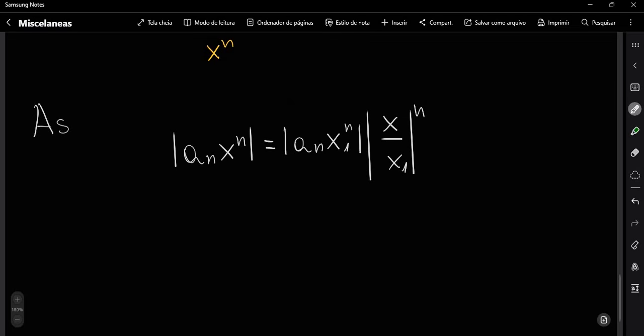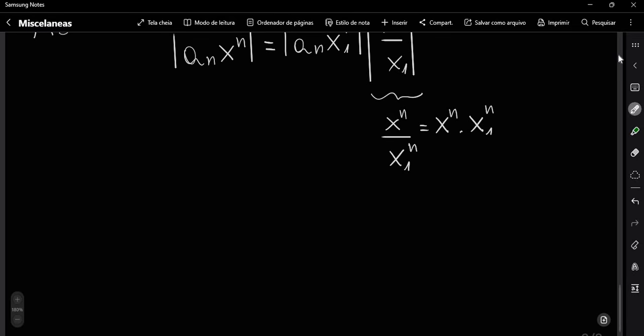So we can rewrite this module if we distribute the exponent n, so x to the n, x1 to the n, and we can rewrite this as being the same as a_n times x to the n times x1 to the minus n.